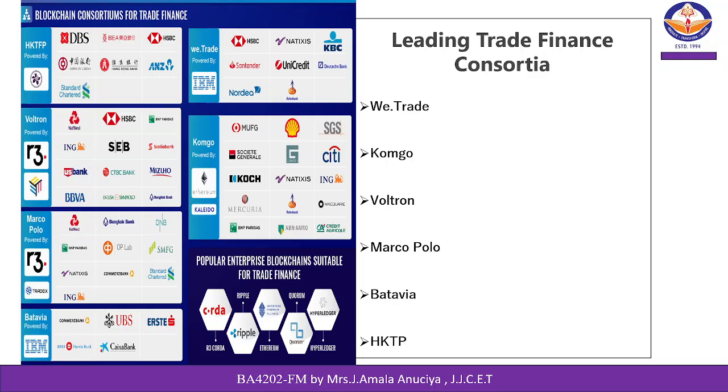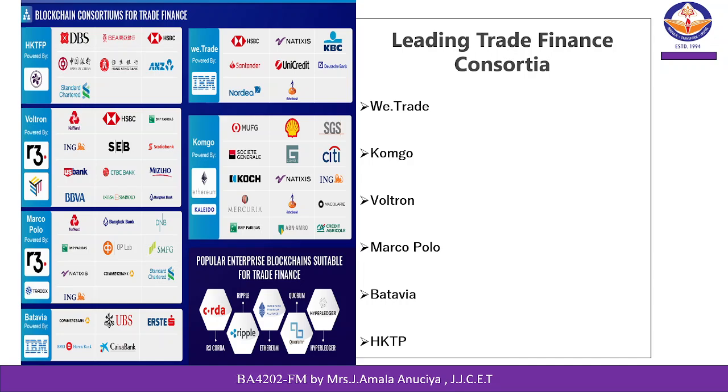Next one, Komgo. Komgo is powered by Consensys and Kaleido. The key members include SGS, Citi, MUFG, and others. Their key target is to offer security and efficiency.